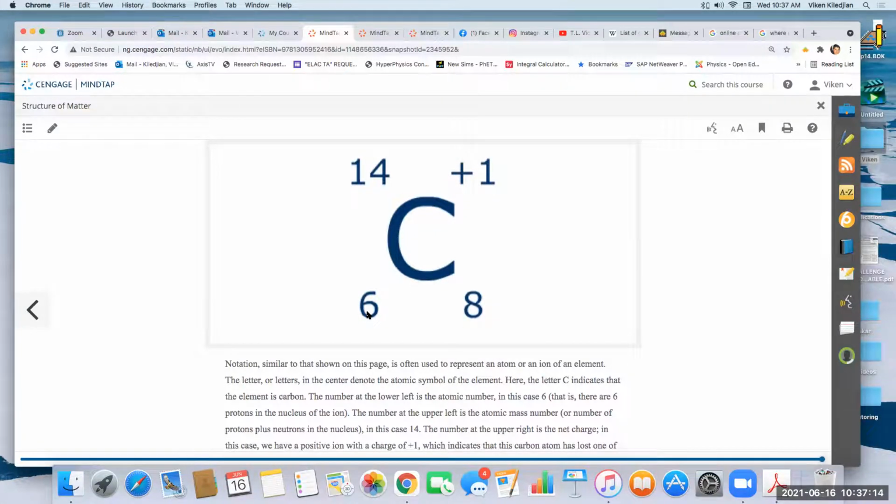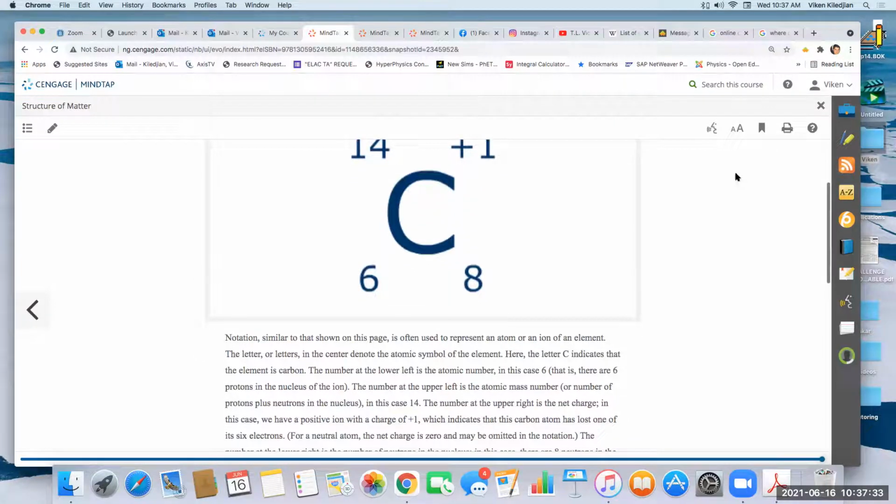So 6 protons, 8 neutrons. The combined mass, 14. And one of the electrons has been yanked away from the valence shell. So the +1 is the net charge of that atom. It's ionized. So the carbon has lost 1 valence electron.